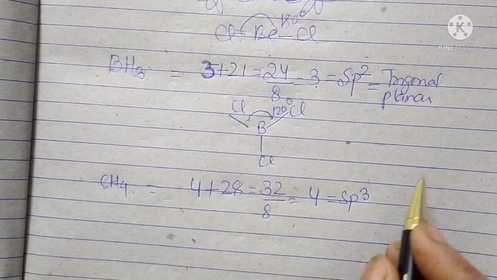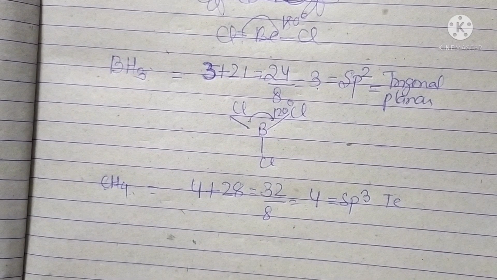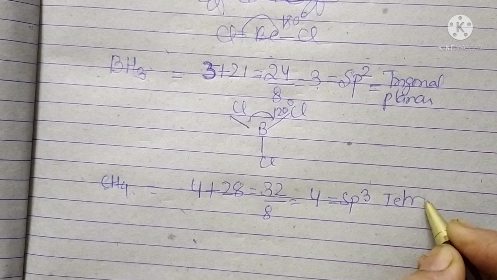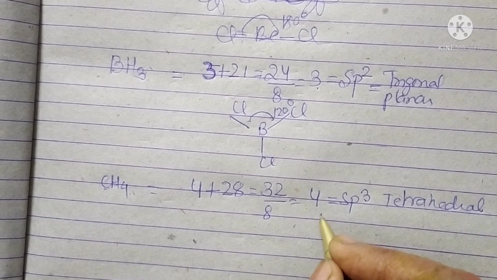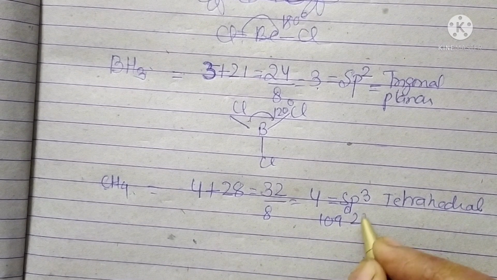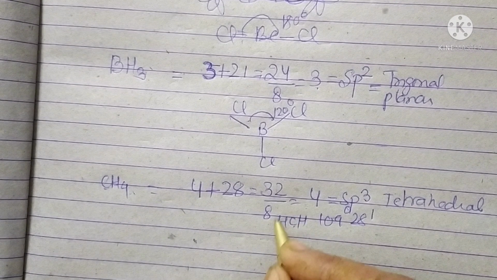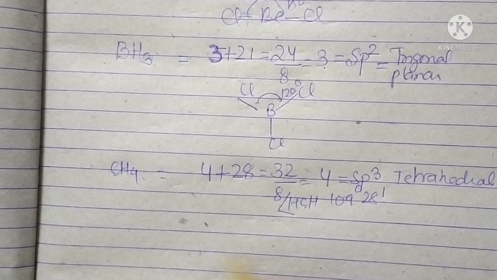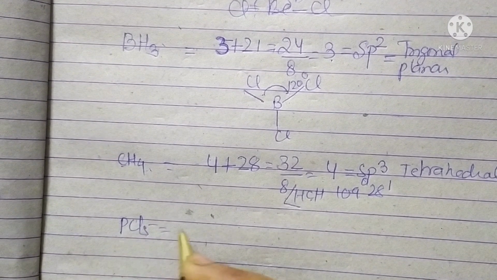It means the shape of the molecule will be tetrahedral. This is the shape of the molecule with a bond angle of 109 degrees 28 minutes, the H-C-H bond angle.